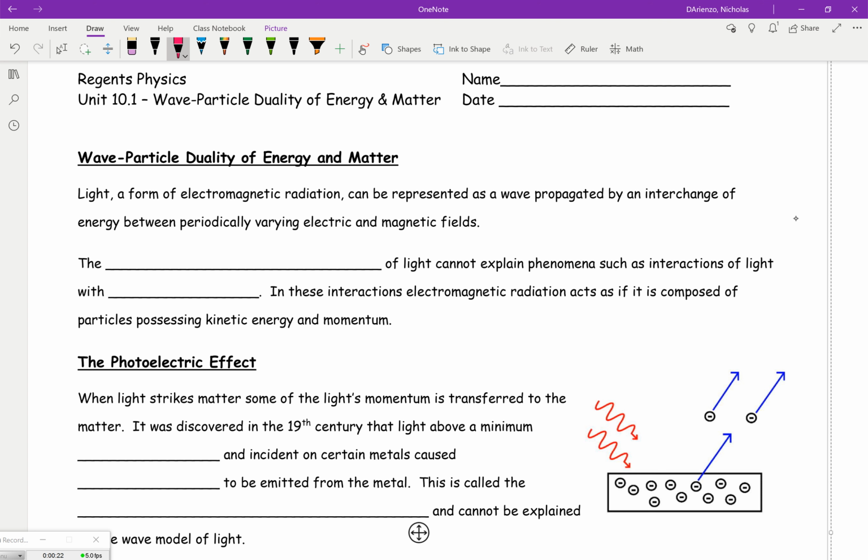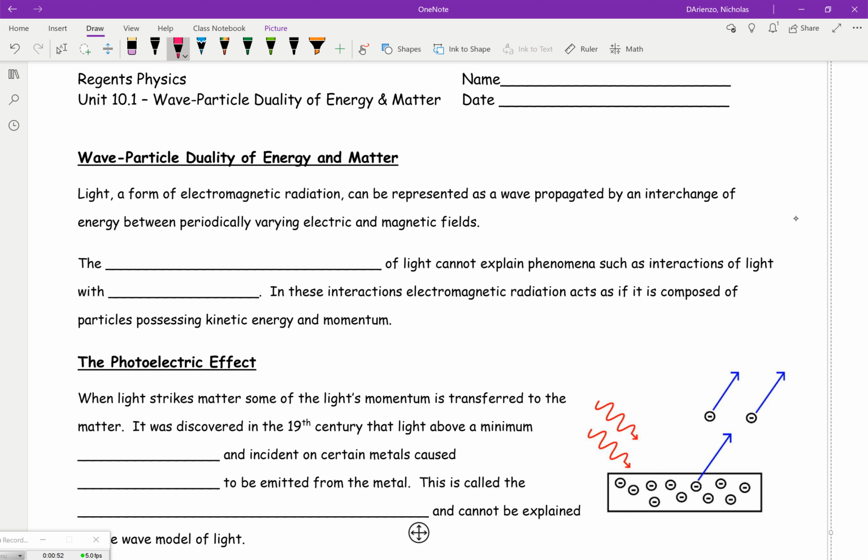So today we're going to take a look at how light can be described both as a wave and as a particle depending on how it's interacting with matter. And we know that light is a form of electromagnetic radiation, and we can represent it as a wave being propagated by an interchange of energy between electric and magnetic fields.